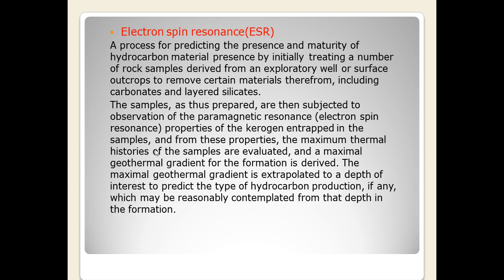Properties of the kerogen entrapped in the samples, and from these properties the maximum thermal stress of the samples are evaluated and the maximum geothermal gradient for the formation is derived. So the maximum geothermal gradient is extrapolated to a depth of interest to predict the type of hydrocarbon production, if any, which may be reasonably contemplated from that depth in the formation. So electron spin resonance is a tool which can be used to infer maturity of the hydrocarbons which are present.